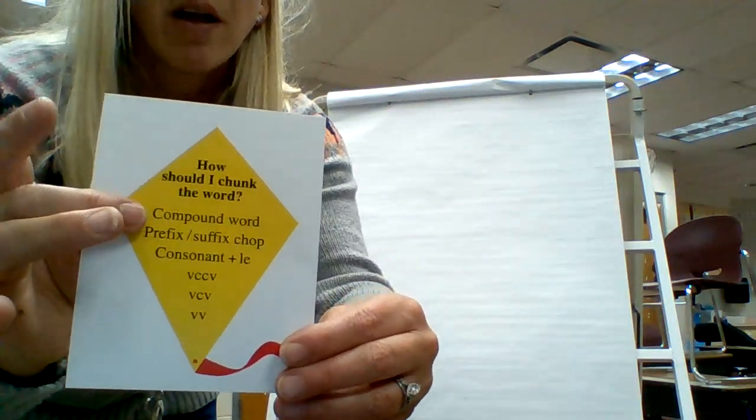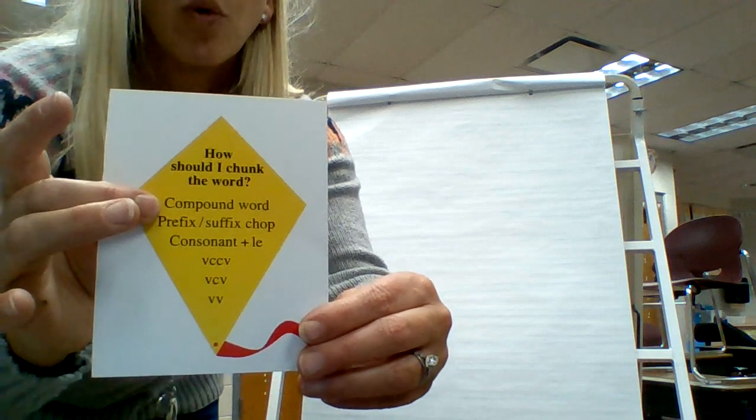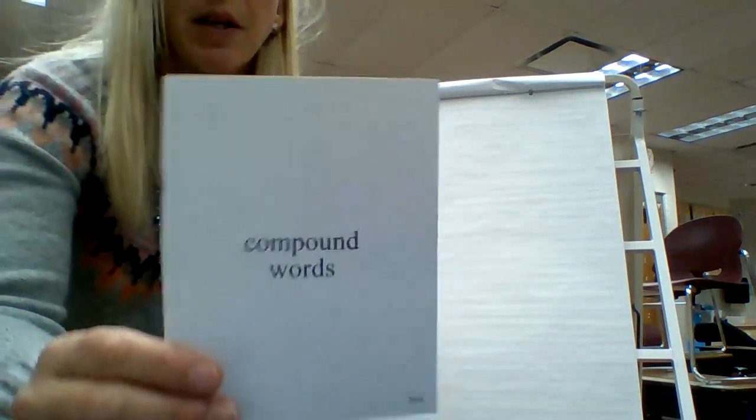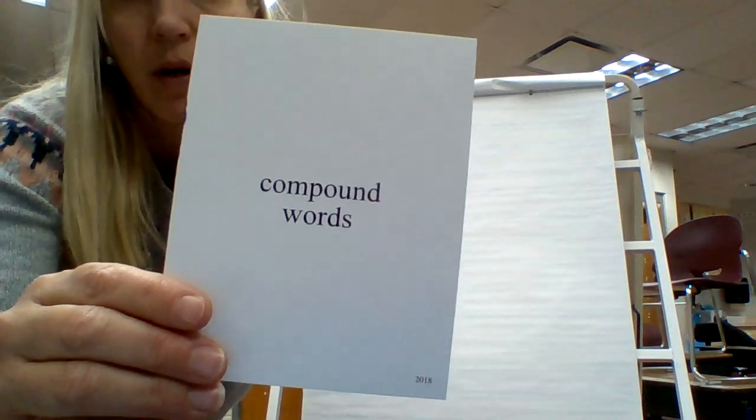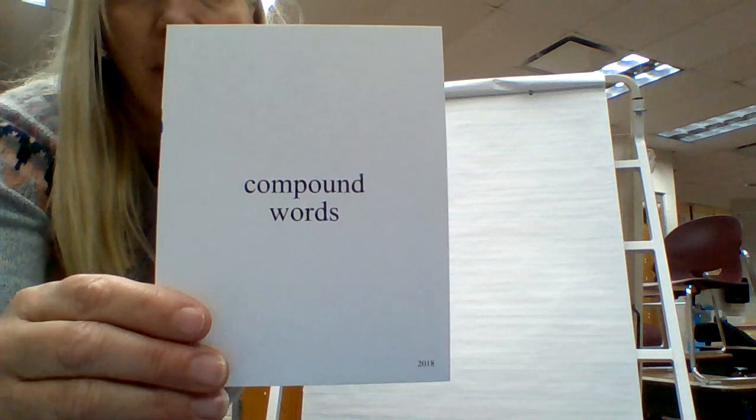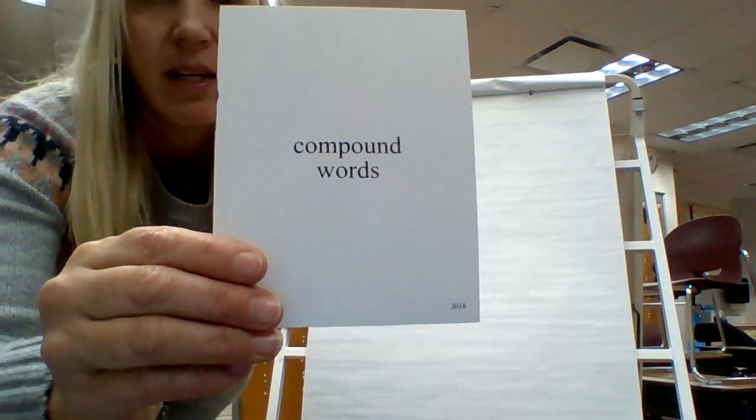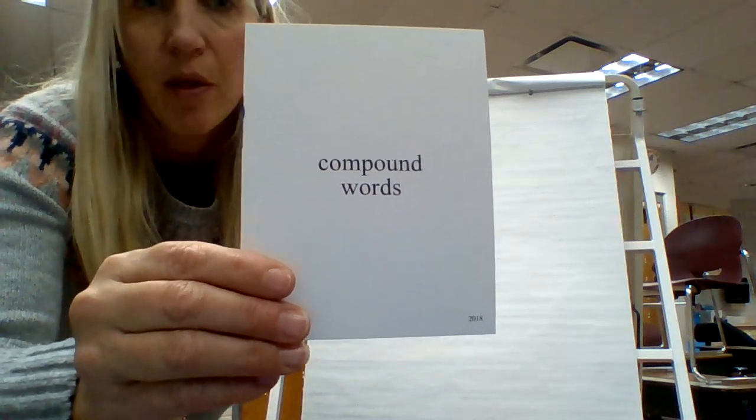The way we're going to talk about today is a compound word. A compound word is a word that is made up of two smaller words coming together to make that new word. You divide it between the two smaller words.